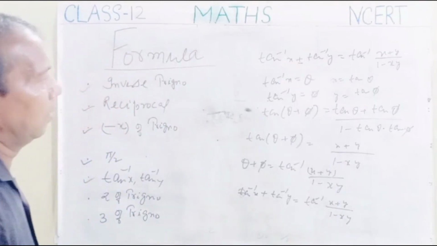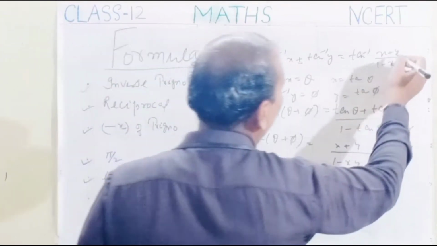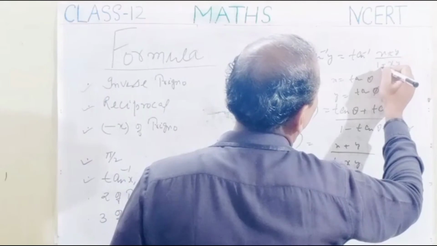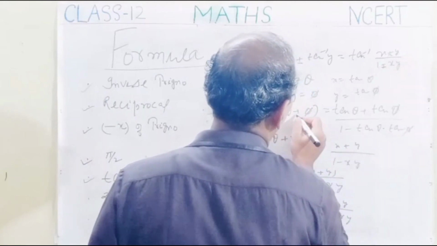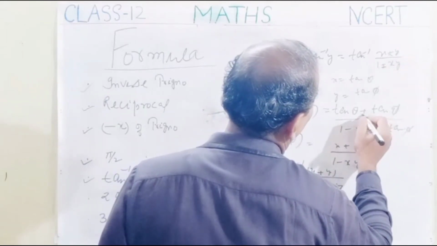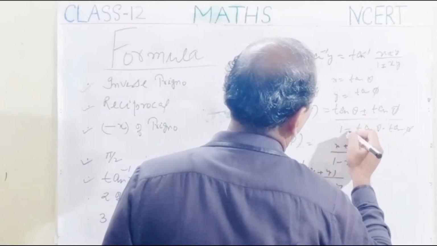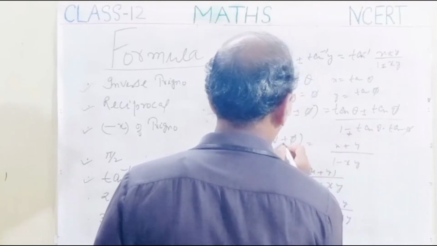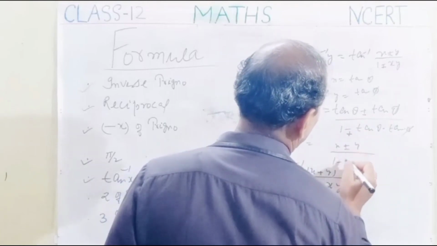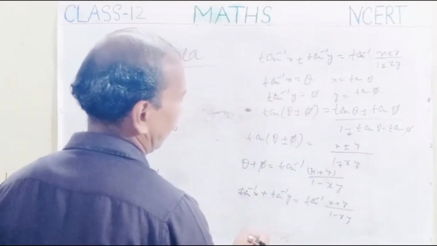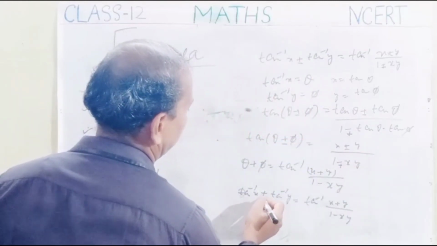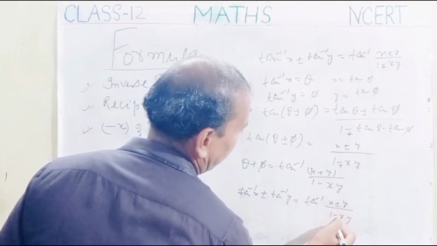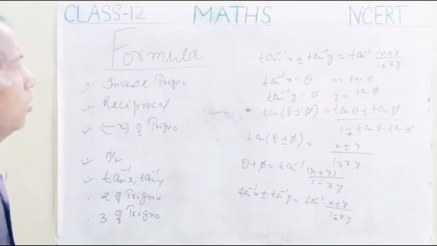Wherever the plus sign is there, I will change that into minus, and minus I will change into plus. So I can change the formula: tan inverse x minus tan inverse y is equal to tan inverse of x minus y divided by 1 plus xy.